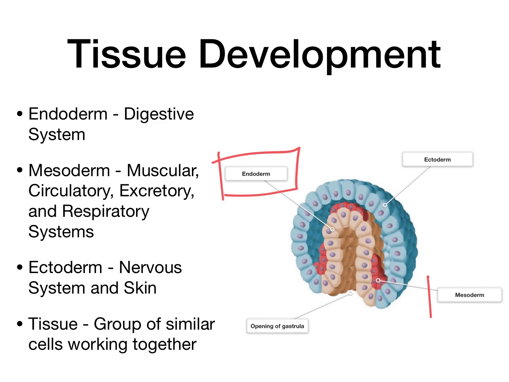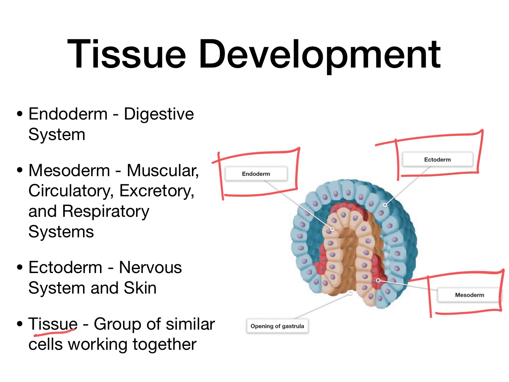The mesoderm in this image is the red, and the ectoderm is the blue on the outside. And these are tissue layers, and a tissue, defined down here on the bottom, is a group of cells working together. They typically are similar. And these layers, these germ layers, will end up becoming different systems.